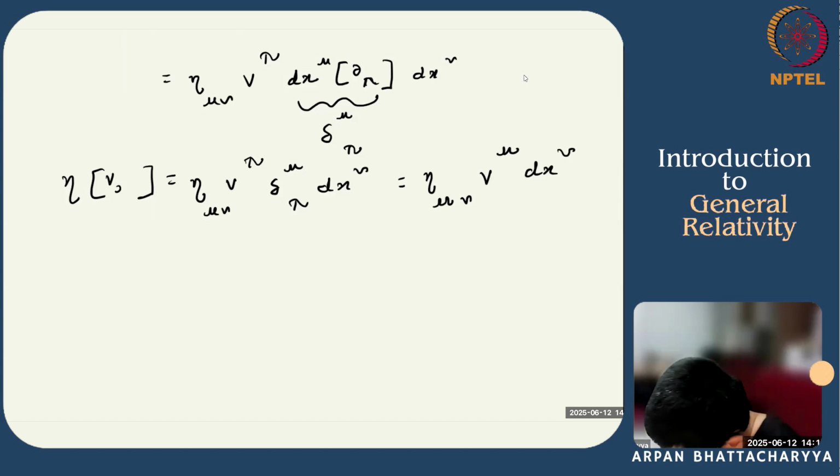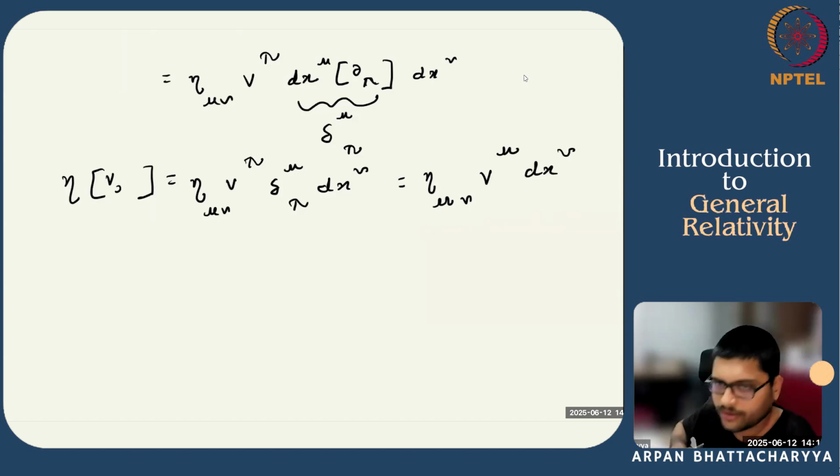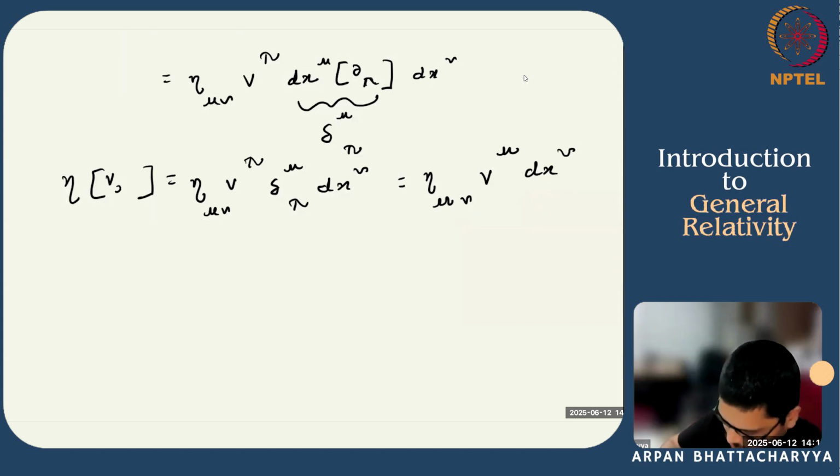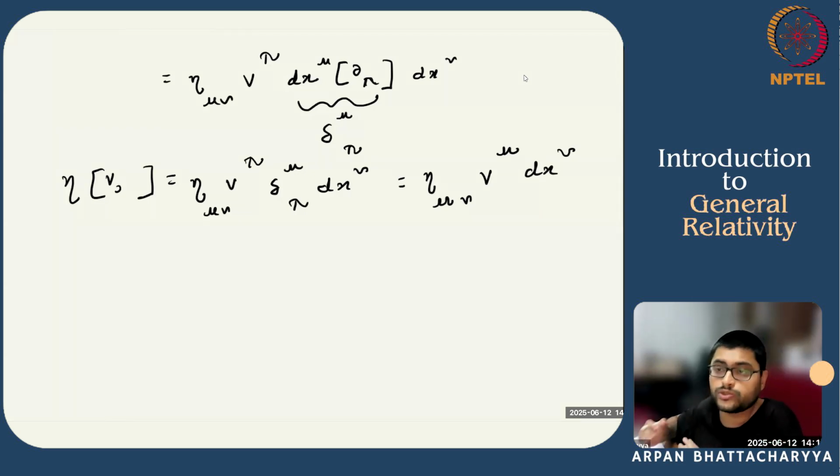Now you can see that this is nothing but a one form, right? Because this is the component of that one form, and this is the basis. So we call this a one form which is dual to the vector v^mu.